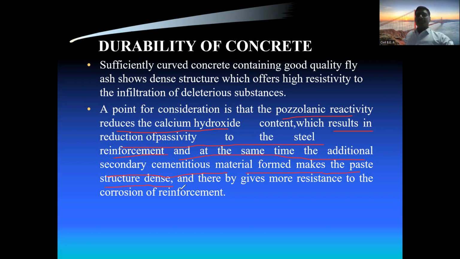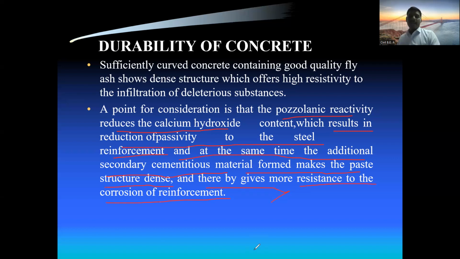See, if we add the fly ash into concrete, the pozzolanic reactivity reduces the calcium hydroxide, and that results in the reduction of the passivity to the steel reinforcement, and at the same time the additional secondary cementitious materials form the paste structure dense, and they give more resistance to corrosion of the steel.